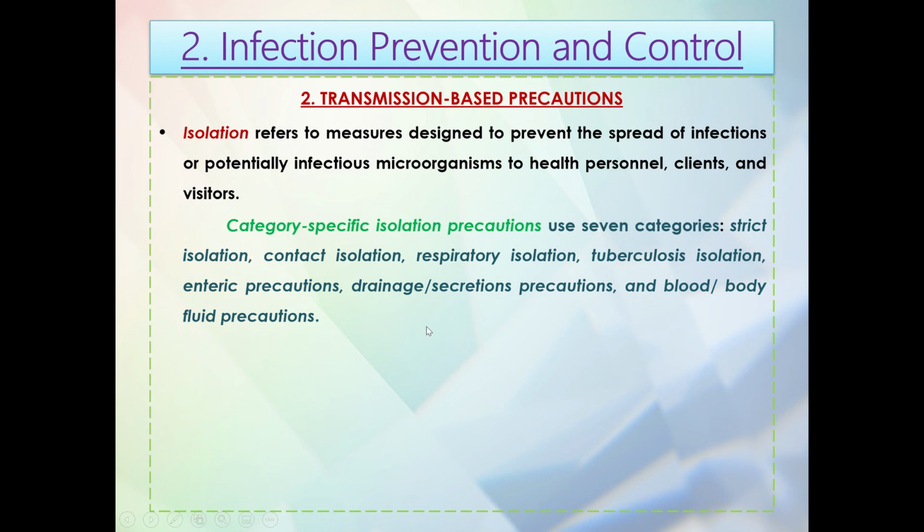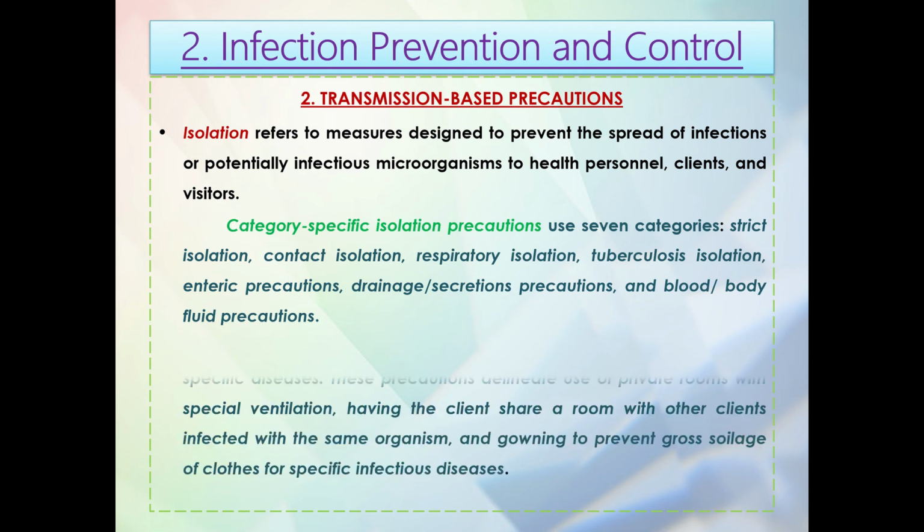So again, yung paggamit nito will depend kung sino yung patient na hinahawakan natin. If, for example, may TBC patient, so we adhere to tuberculosis isolation. If the patient has respiratory problem, so respiratory isolation tayo. So that is category-specific isolation precaution.